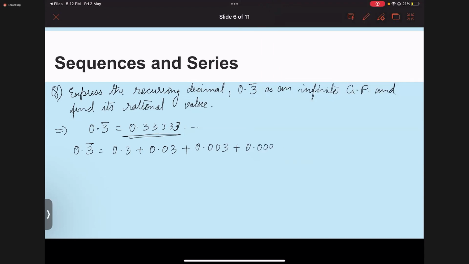You can see the numbers after the decimal point are increasing, and we are considering this as an infinite GP. Now 0.3 can be written as 3 by 10, and this can be written as 3 by 100, so let's write 3 upon 10 squared, plus 3 divided by 10 cube plus 3 divided by 10 raised to 4 and so on.